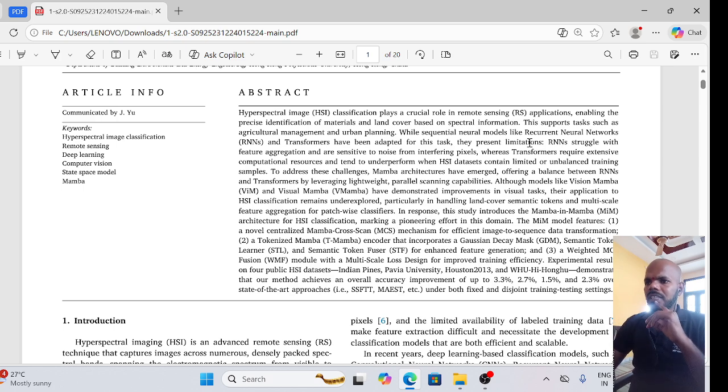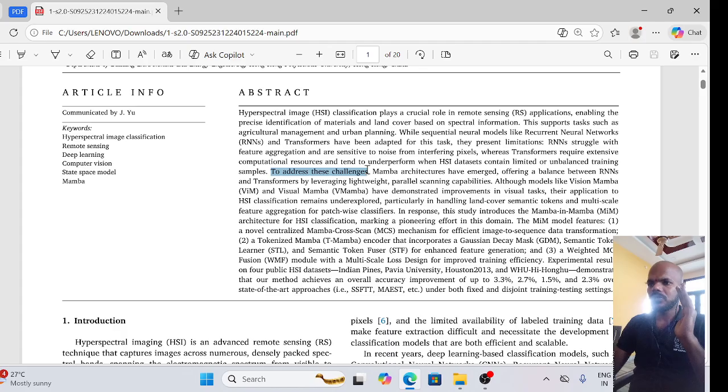Next, transformer require extensive computational resources to process the HSI dataset. These are the problems. The next point: to address these challenges, they discuss the introduction, the problem, and how to address those challenges.